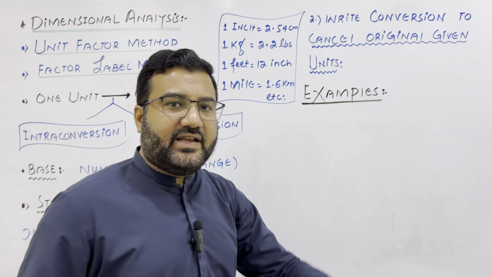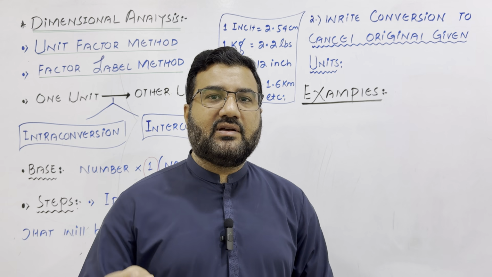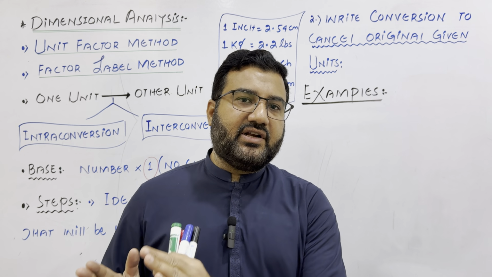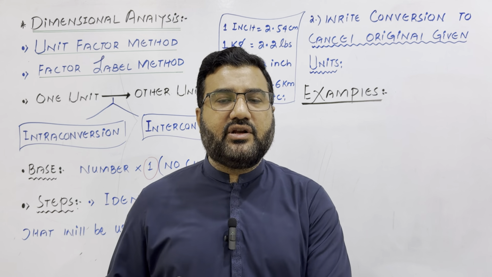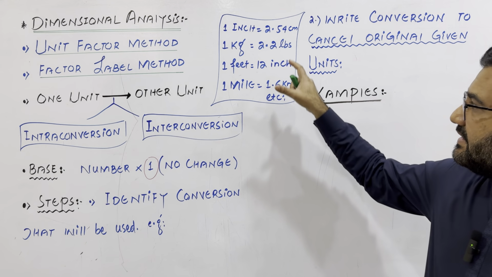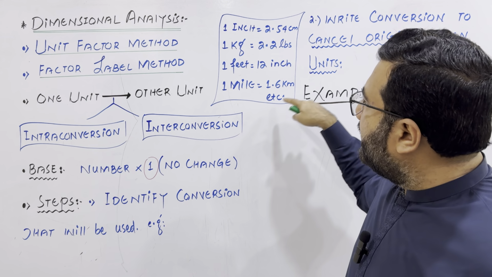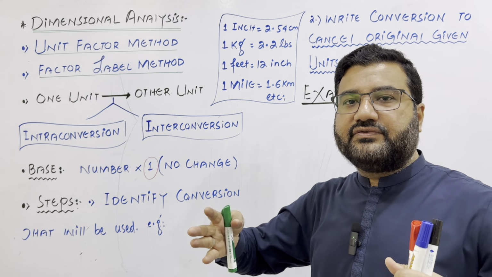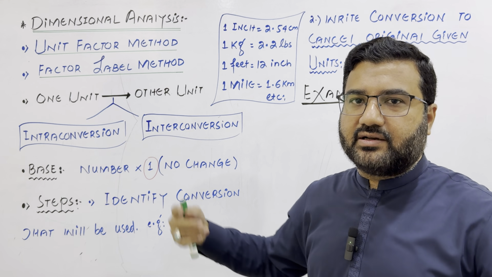Like kilo means 10 raised to power 3, milli means 10 raised to power minus 3, centi means 10 raised to power minus 2, micro means 10 raised to power minus 6, nano means 10 raised to power minus 9. So you must have a good concept of all these prefixes which are used in the metric system to convert one unit into the other, whether the smaller unit into the larger or the larger unit into the smaller one. So this was the first step, that you must have an idea of the relationship of the two units that you are going to interconvert.